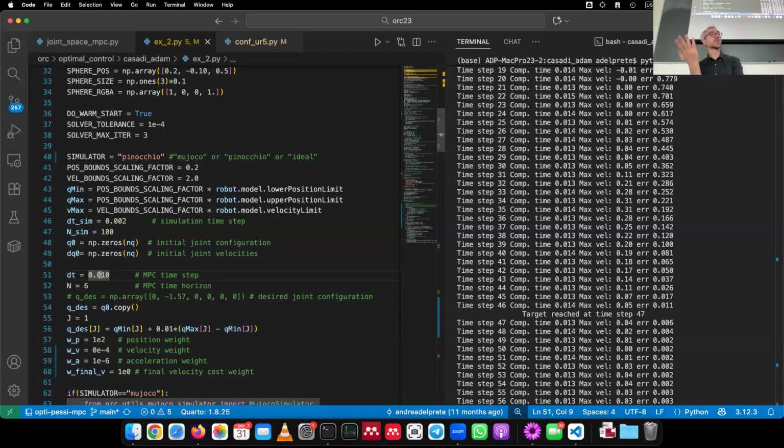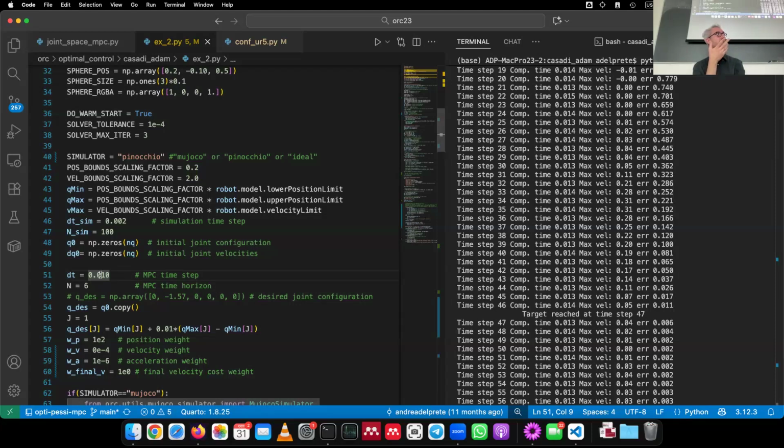If it's a second order method, it's going to be proportional to dt to the power of 2, and so on and so forth. So one way could also be to use a higher order integration scheme that allows you to use a much larger time step. Runge-Kutta first order, for instance, yeah.